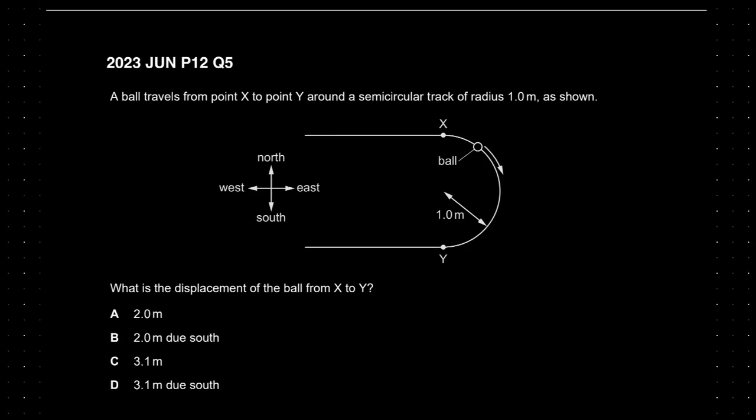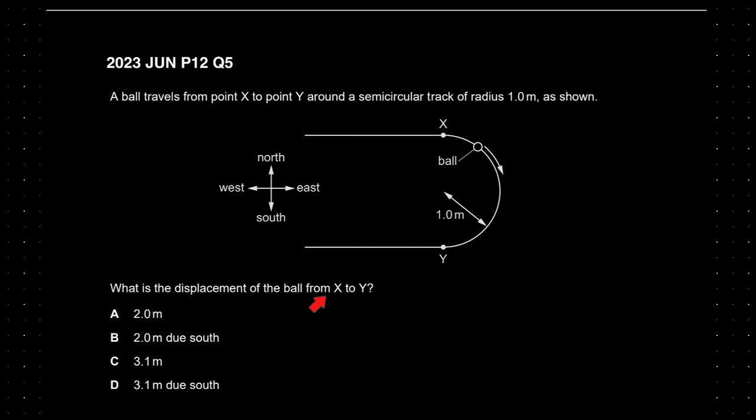Question number 5. A ball travels from point X to point Y around a semicircular track of radius 1 meter as shown like this. What is the displacement of the ball from X to Y? Remember the displacement is the shortest straight line distance. So this would be the distance, but the displacement would just be this.